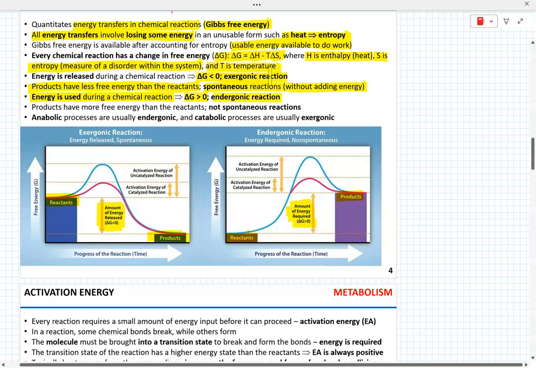These reactions are usually not spontaneous because products have more free energy than the reactants. By and large, anabolic processes are usually endergonic, and catabolic processes are usually exergonic.